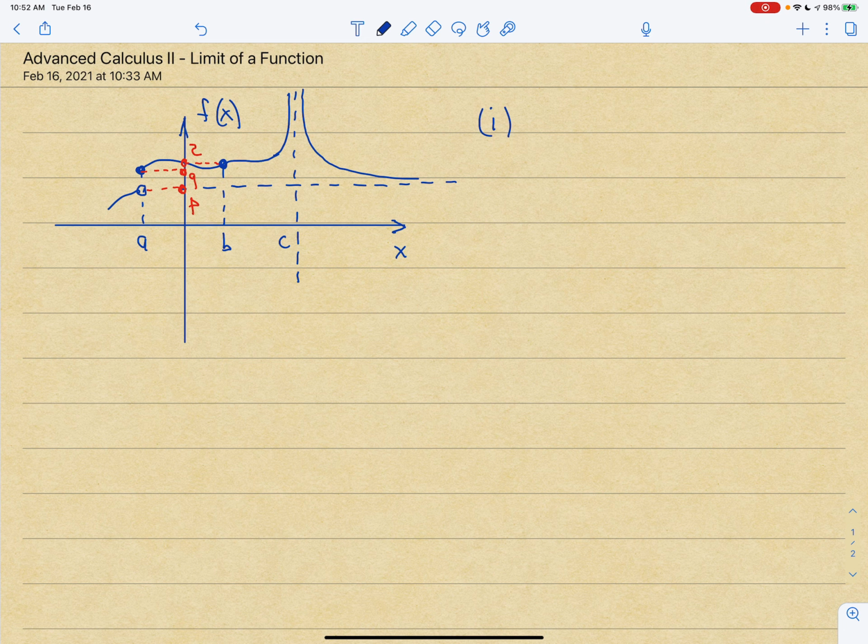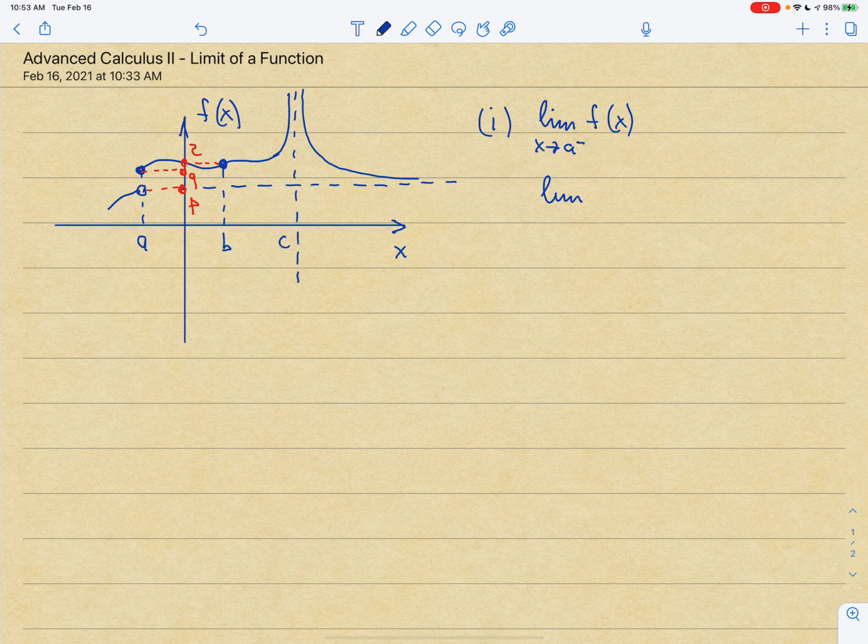Now, forget about the advanced calculus and just try to remember what we knew about limits from before. I want to compute the limit as x goes to A from the left of f of x first.